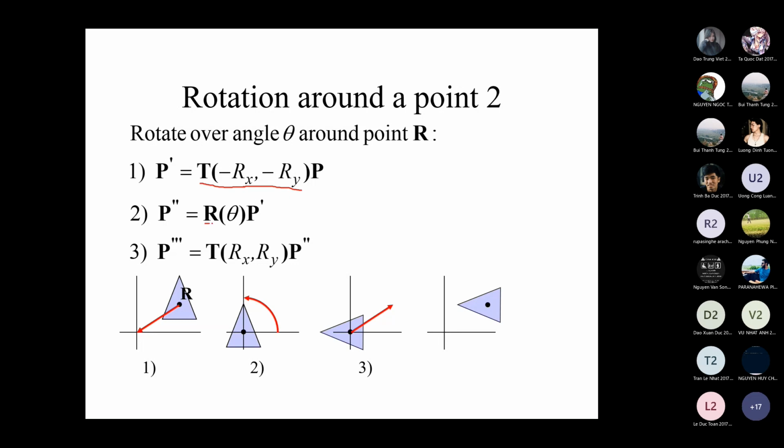The second is the same rotation around the origin with a theta angle. And the third one is the translation of rx and ry, and we get the result.